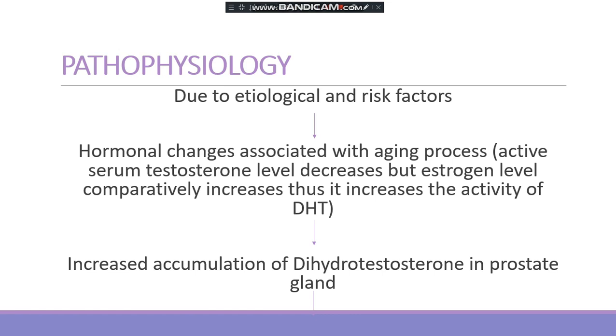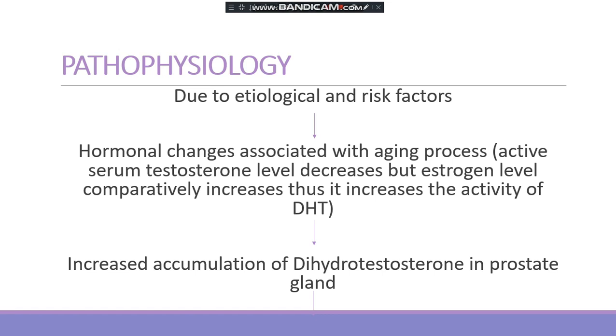We have already seen this in the risk factors. So the dihydrotestosterone will increase its activity due to the increased estrogen levels. Then what will happen? We have already studied that DHT has the function of promoting prostate gland growth.